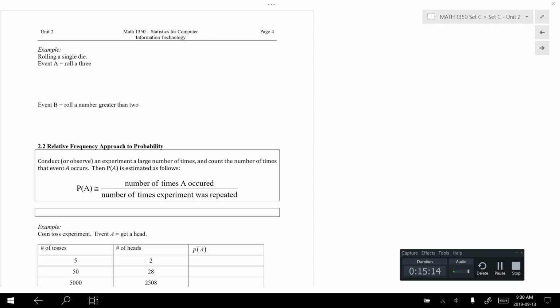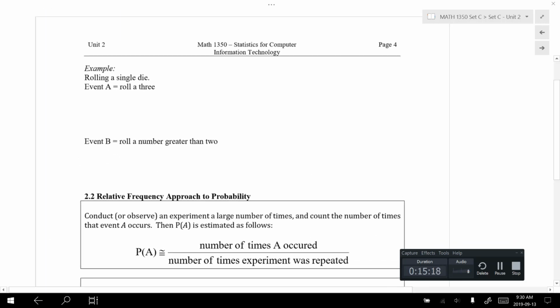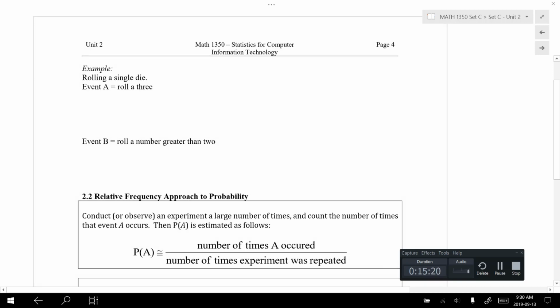So for example, let's come back to rolling a single die. We have these 6 possible total options here, and our event might be rolling a 3. It's a simple event. The option is only the 3 here.